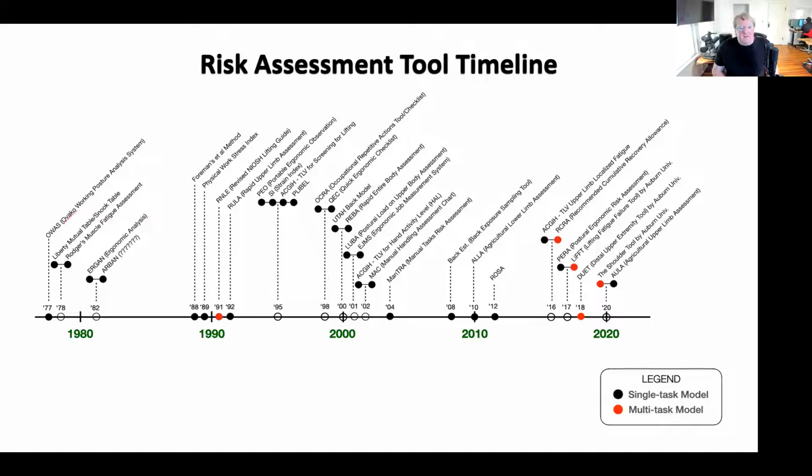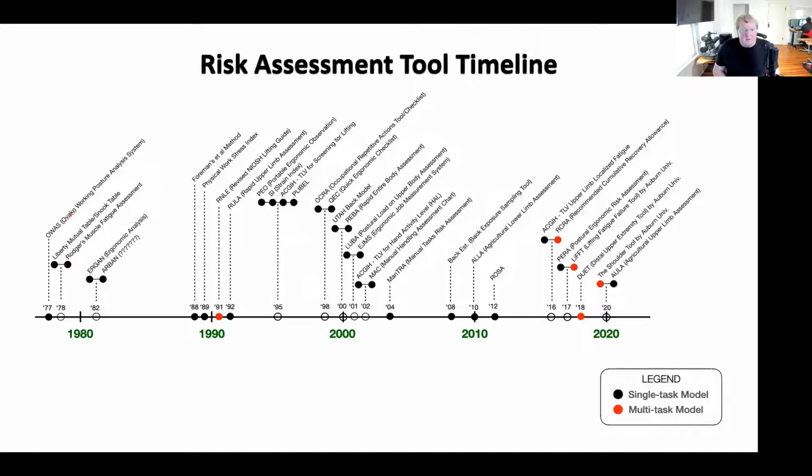Some of these tools, it's interesting, there are periods of time where it was very prolific. There were several tools published, like look at 1995. But what's interesting is to look at the multitask and single task models, and more of the newer tools are multitask, in red.